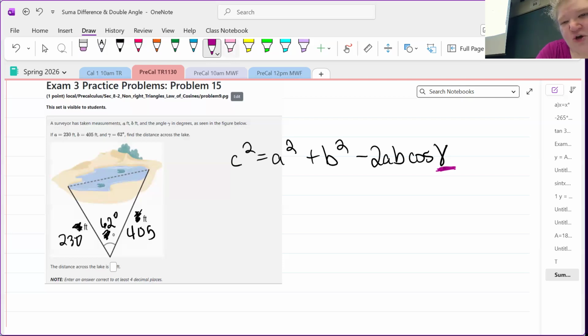So the angle label here is gamma, and the only angle we know is 62 degrees. So 62 degrees has to be gamma for us to use this formula. That means the side opposite gamma is side c, and that is the side they're asking us to find the length of.